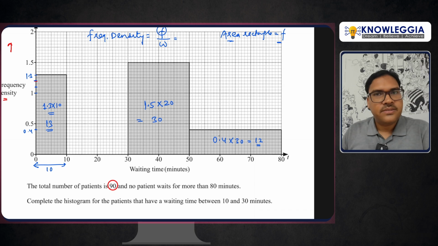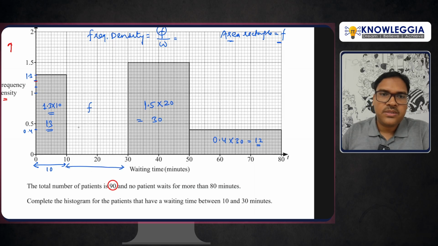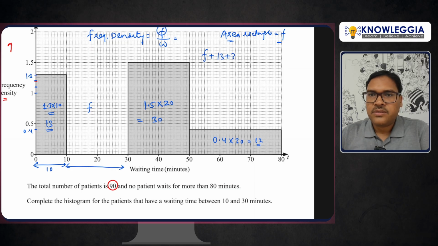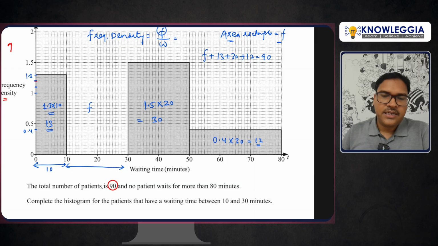So these are the frequencies in these intervals. Now, between 0 and 30, we don't know the frequency. So let's say the frequency between 0 and 30 is f. So we can say that f plus 13 plus 30 plus 12 should be equal to 90, because there are 90 patients.